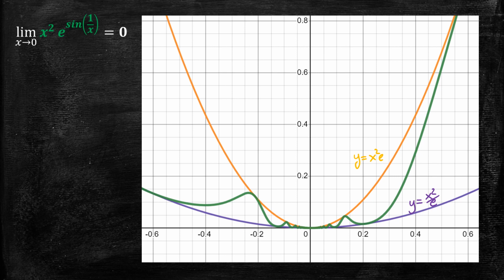So it just oscillates back and forth between those two functions. And we can see if we hone in around x equals 0, that's where the orange graph and the purple graph come together at 0, and so the green function has no choice but to adopt the same limit. So as x goes to 0, the limit is in fact 0.